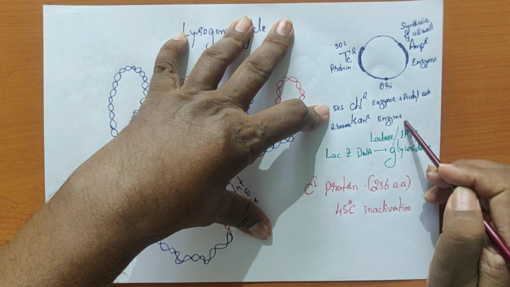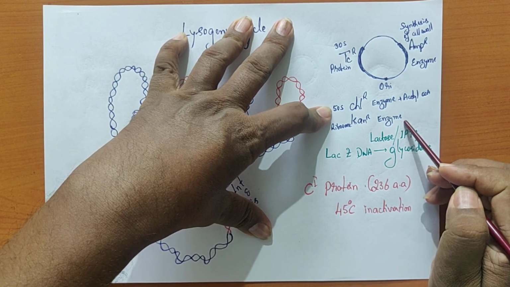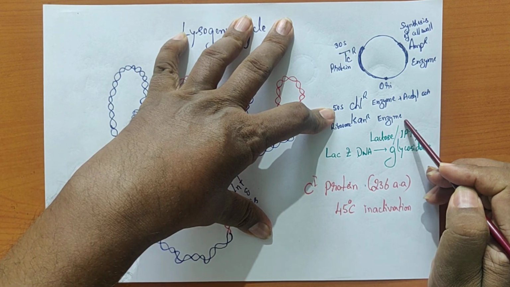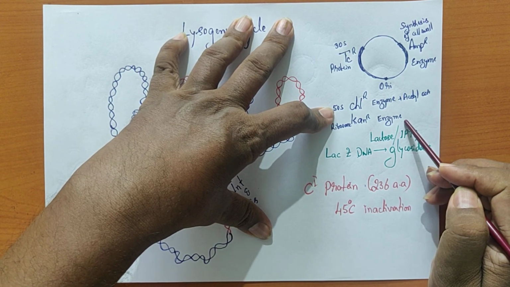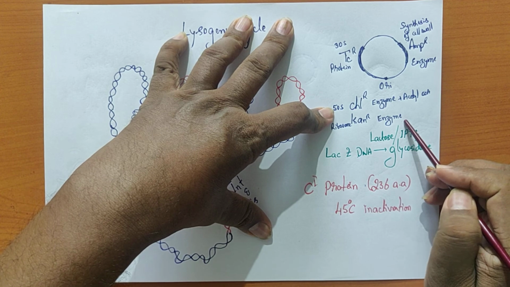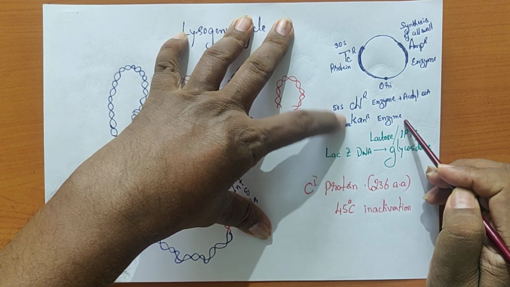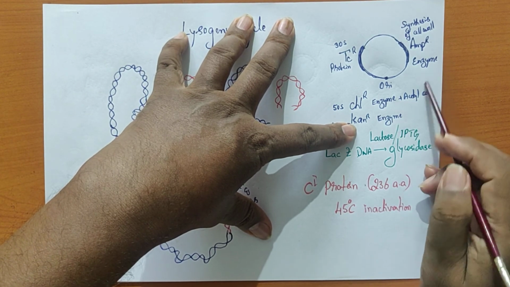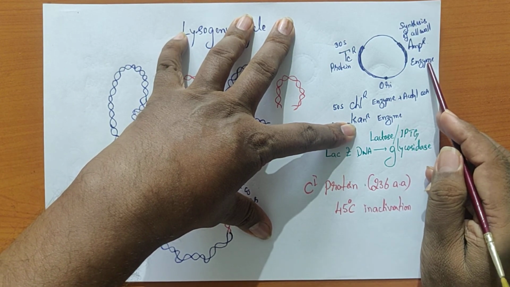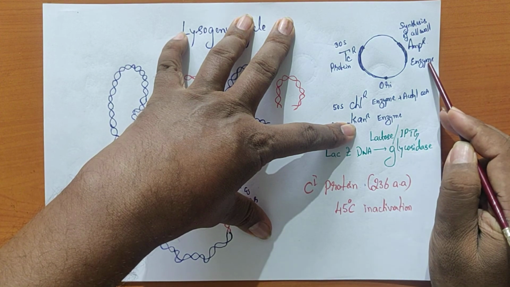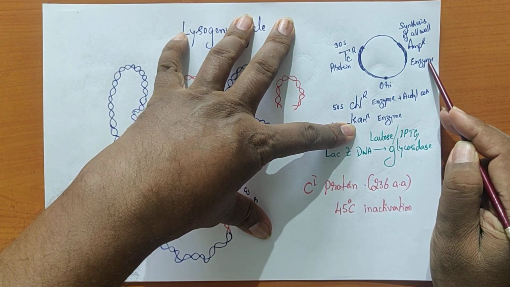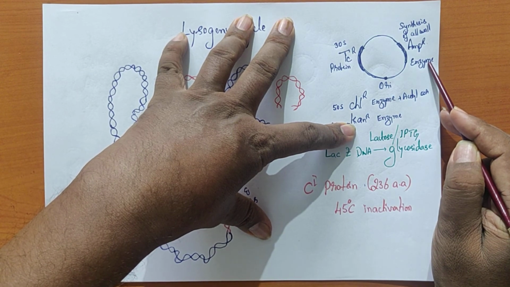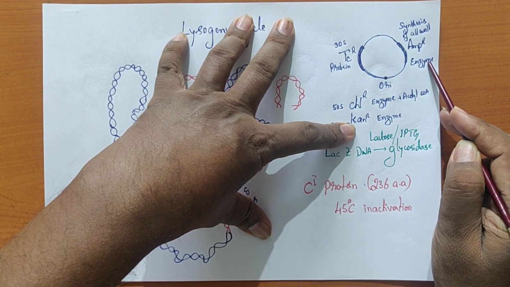Whereas in case of the kanamycin resistant gene, again it produces an enzyme, aminoglycoside phosphotransferase. This enzyme modifies the kanamycin so that it is unable to bind to the ribosome. So what I want to tell you is that all of them offer resistance because of the synthesis of proteins which interfere in their antibiotic action. That means all of them for sure have promoters.